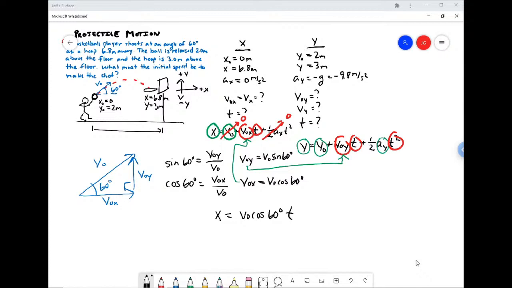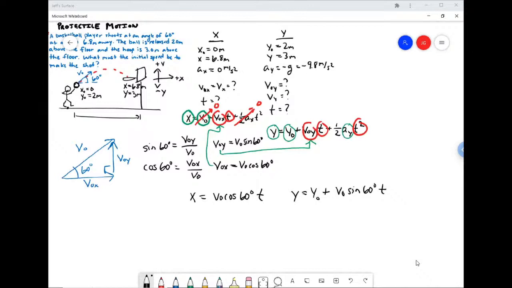And for the y equation, we'll get y equals y naught plus, instead of v naught y, we'll write v naught sine of 60 degrees times t, plus 1/2 ay t squared.